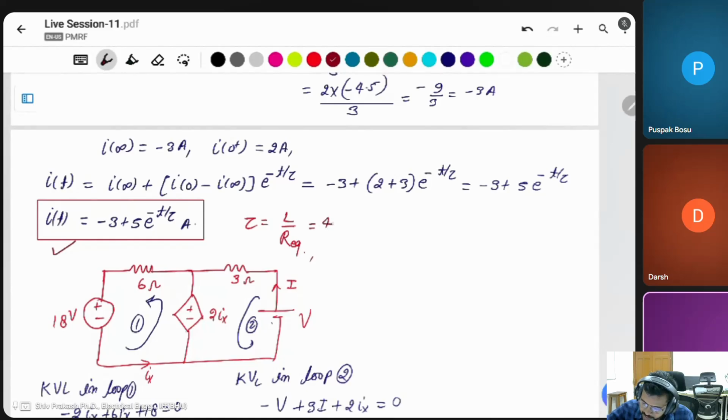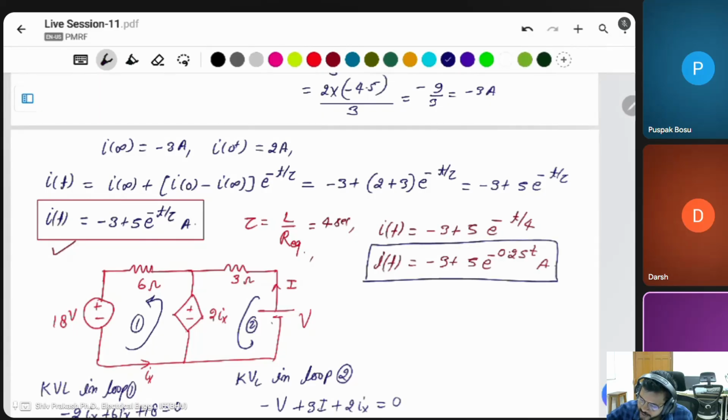I(t) is equal to minus 3 plus 5 e to power of minus t by 4. I(t) is equal to minus 3 plus 5 e to power of minus 0.25 t ampere. This is the final current.